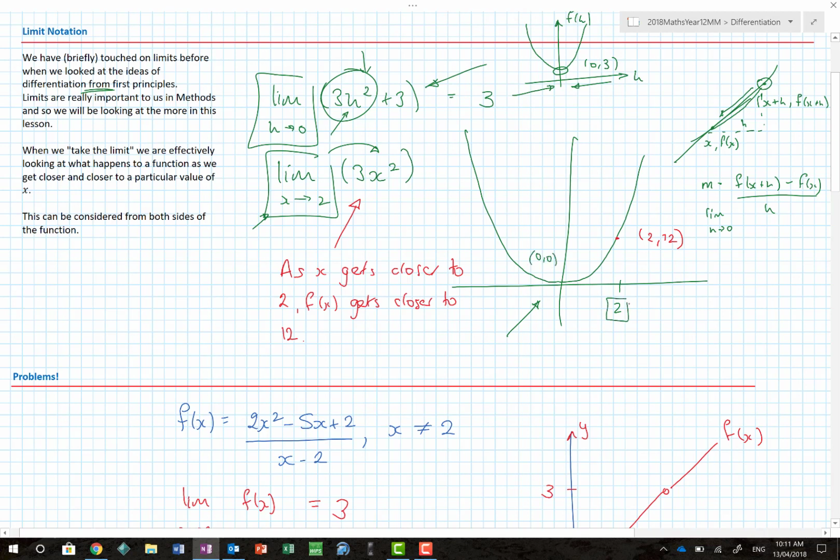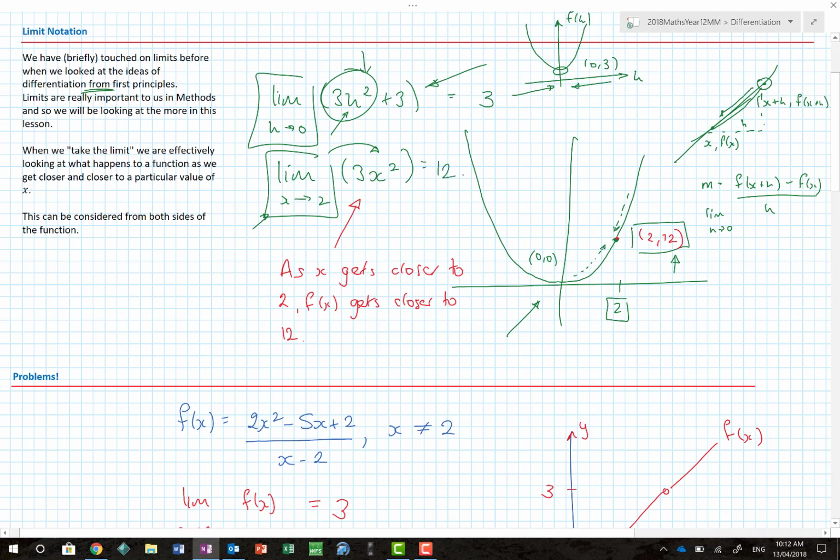If we have our x value there as 2, we know using some basic algebra that 2 squared times 3 is 12. So this point goes through 2, 12. You could argue that I've already worked this out, but we're saying as x gets closer and closer from both sides to the value of 2, what does my y value get closer to? In this situation, you'd write 12.